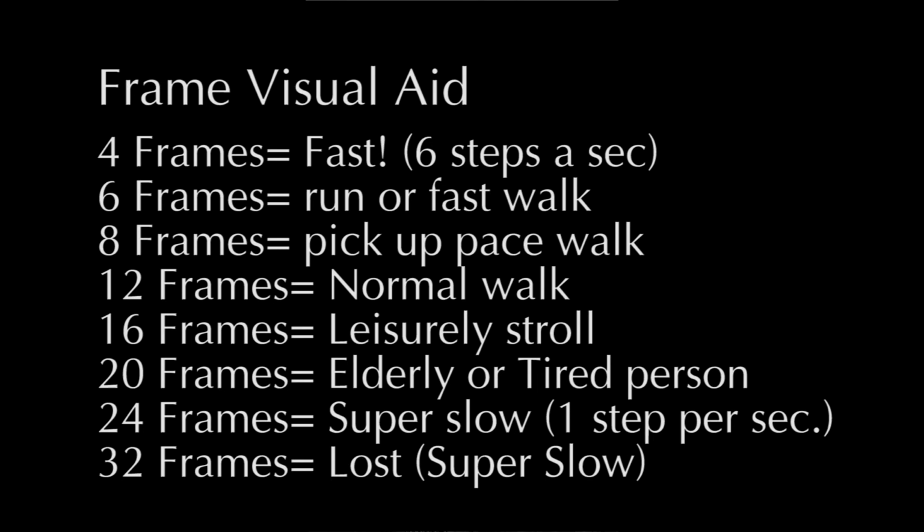If you do 16 frames, it's a strolling walk, a lot more leisurely. Your character's kind of taking in the scenery if they so choose. If you do 20 frames, I would say that's a very slow paced walk. And then 24 frames would be a super slow step, basically 1 step per second. And 32 frames, that person's just lost.